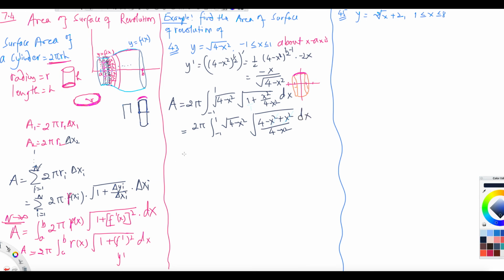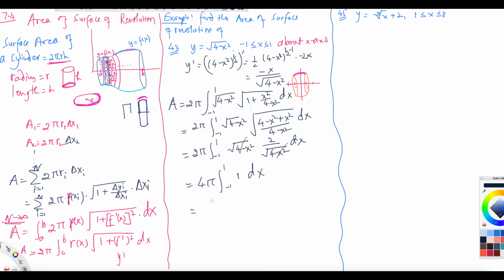And then 2 pi -1 through 1, so 4 minus x square, and then what do you get here? It will be like 4 over under the root 4 minus x square. That will be root under 4 over 4 minus x square. That is 2 over under the root 4 minus x square. You see that? The nice thing here is you can cancel this with that one, and then there is dx. So what is left is just 2. So 2 times 2 is 4 pi. So 4 pi and then -1 through 1 and then 1 dx.